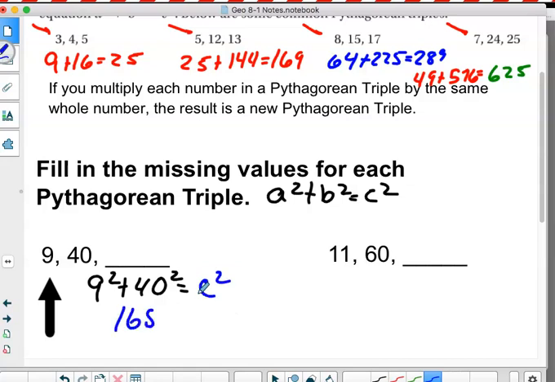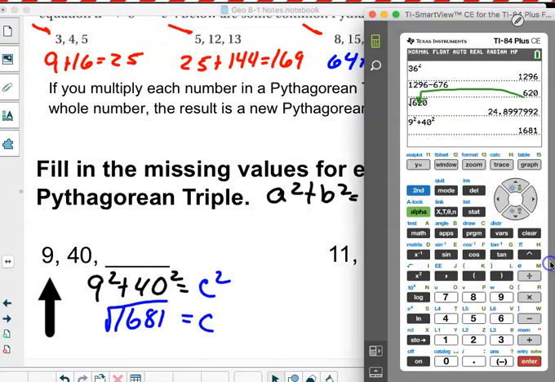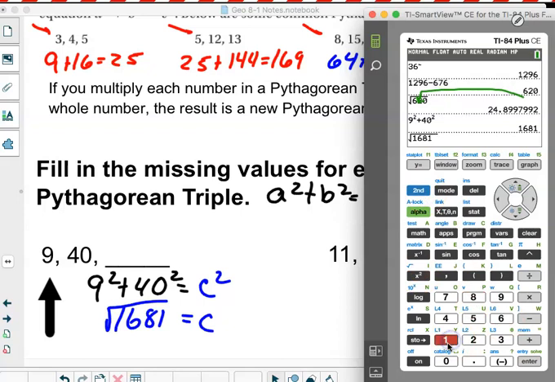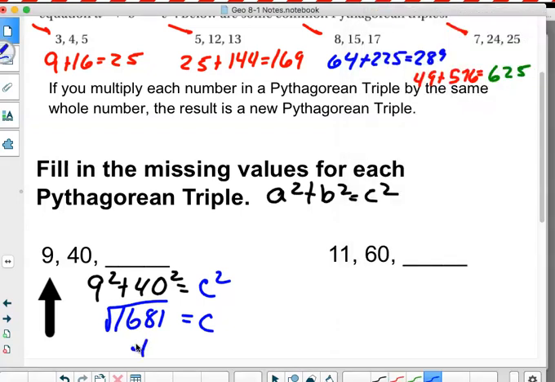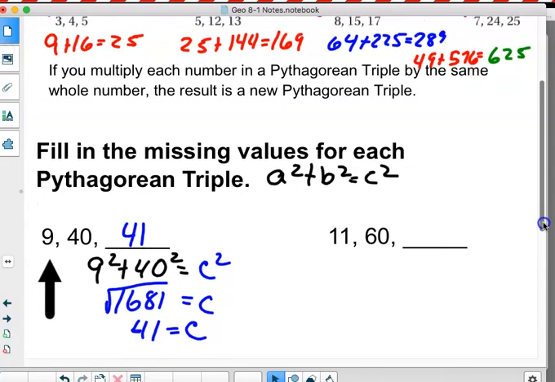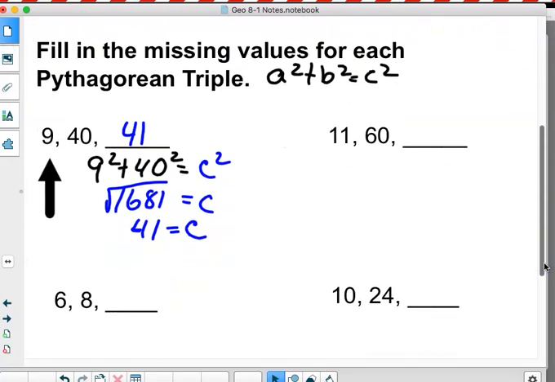And if I find c, the square root of 1681 has to be 41. So c is equal to 41. Now, it's your turn. Go ahead and do the next ones.